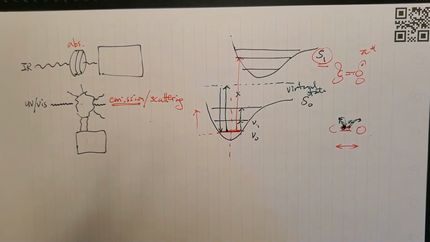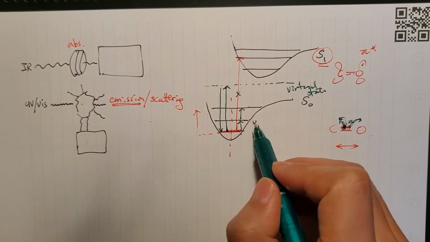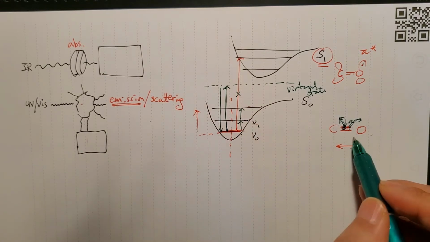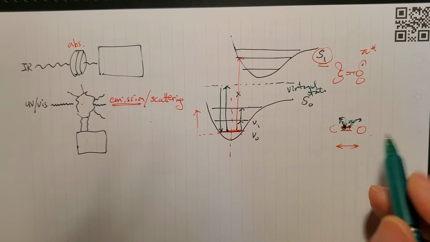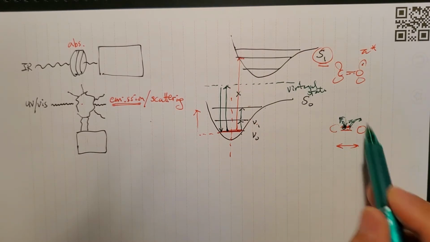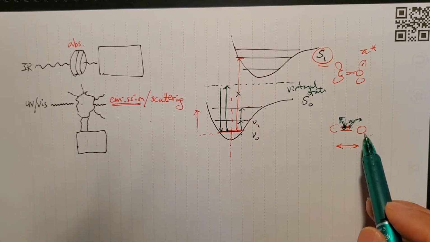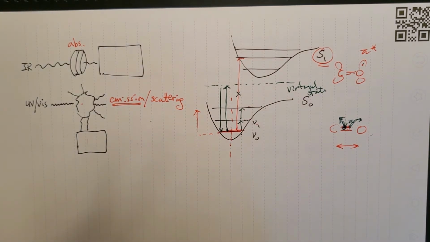Okay. And there will be some low concentration of V1 state electrons, meaning the electron is still in the pi, but the CO bond is vibrating more, and that's less probable. If you raise the temperature, you can make more bonds vibrate and get into the V1 state.